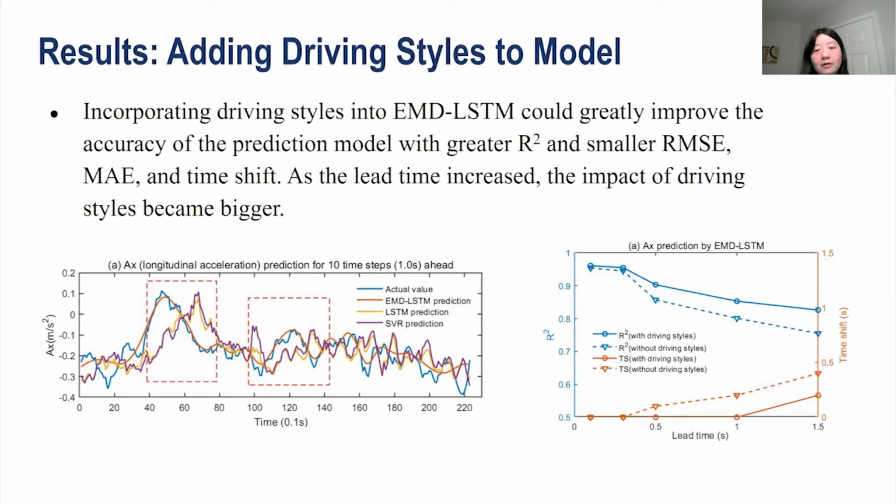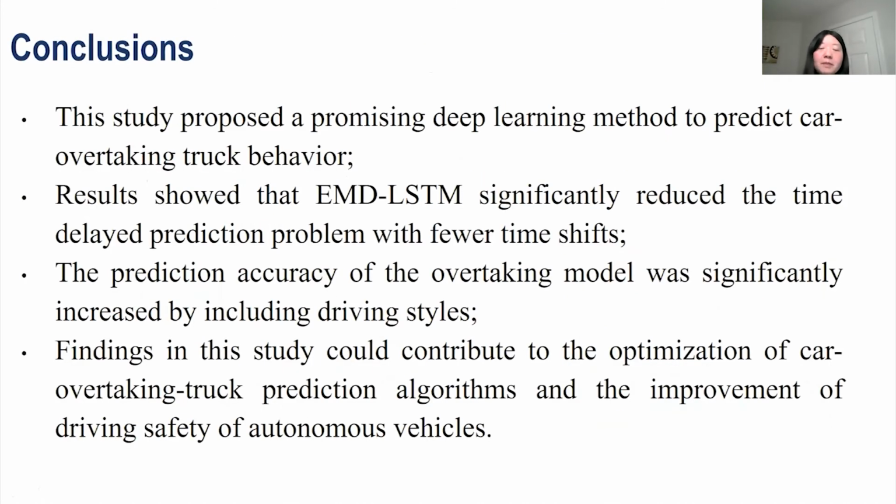And further, if we include individual driving styles in the model consideration, the model performance can also be significantly improved. So the message here is that by using data-driven methods and deep learning, we are able to develop relatively reliable and accurate prediction models to predict vehicle dynamics.